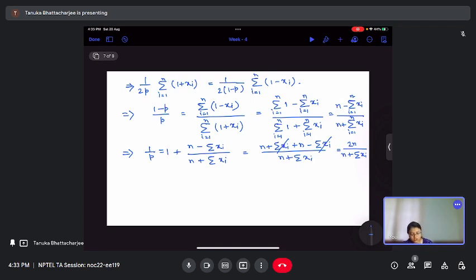So if we want to get p, that will become n plus summation xi by 2n, and the summation you can further write it as... So, this is the final maximum likelihood estimate for p, for the case of Bernoulli distribution where x can take the values -1 and 1.